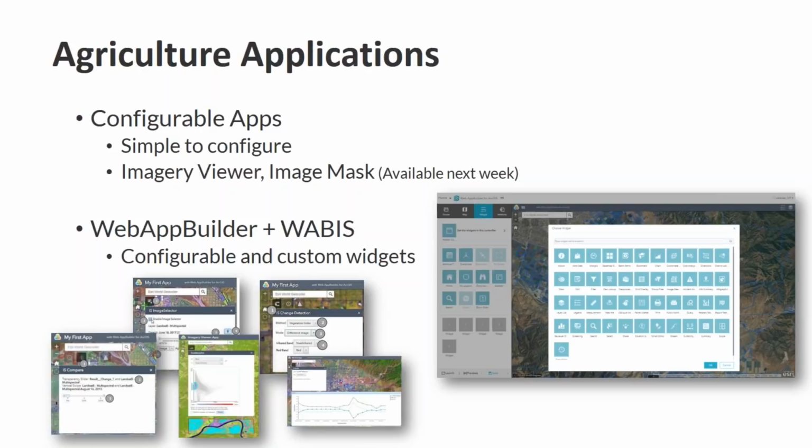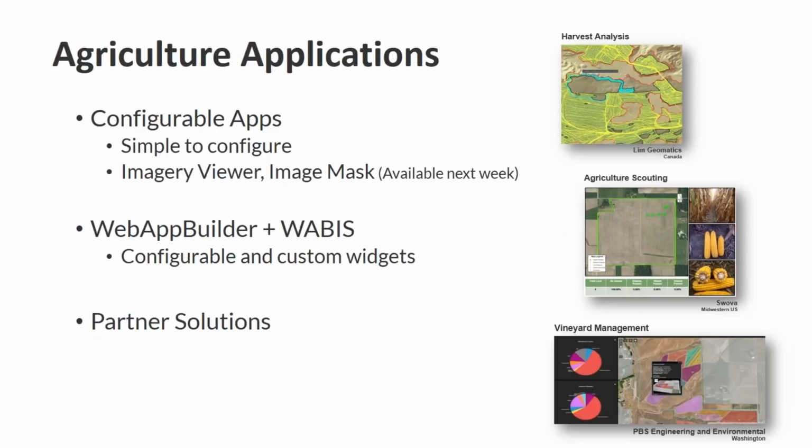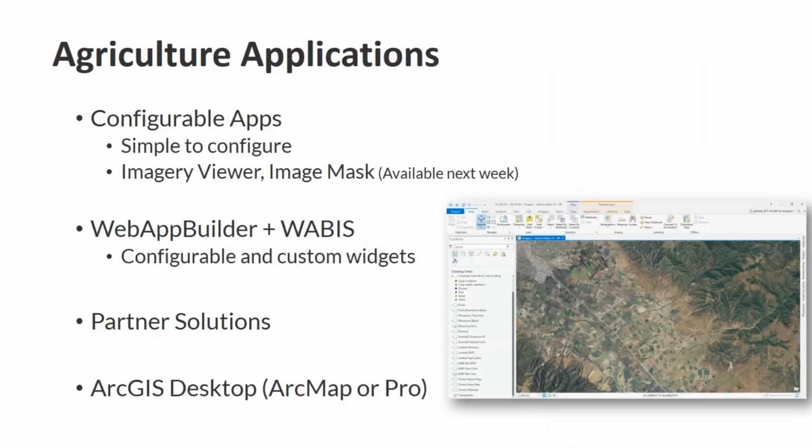When you see applications like the Landsat Explorer, those are built by extending Web AppBuilder. Other ones are agricultural applications, specifically from partners. We have a number of partners that build on top of the platform and build specific and customized applications. So you may want to speak with some of those partners and obtain solutions from them.